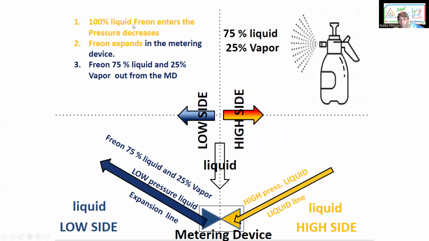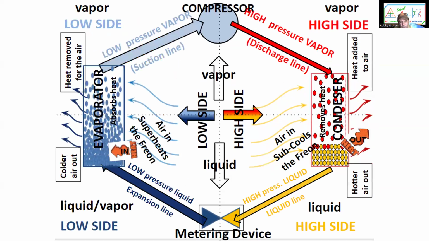The metering device will expand it and drop the temperature, to 80-20 liquid vapor mix, or 75-25, close enough. Then Freon enters the evaporator, and around we go. And that's your refrigeration cycle: compressor, condenser, metering device, evaporator; condensation, evaporation, compression, and expansion.